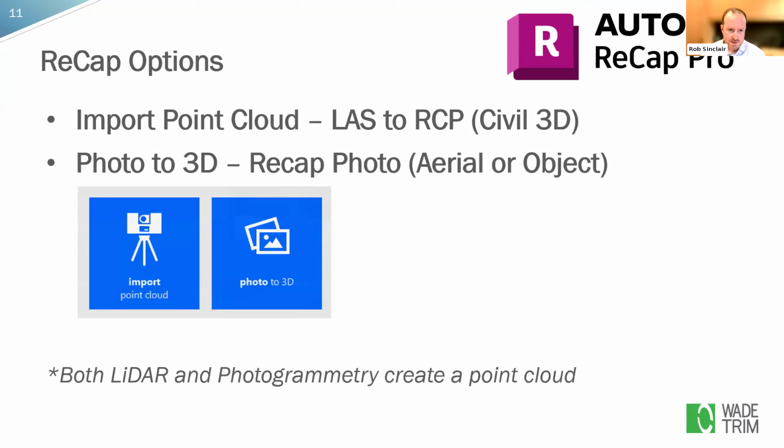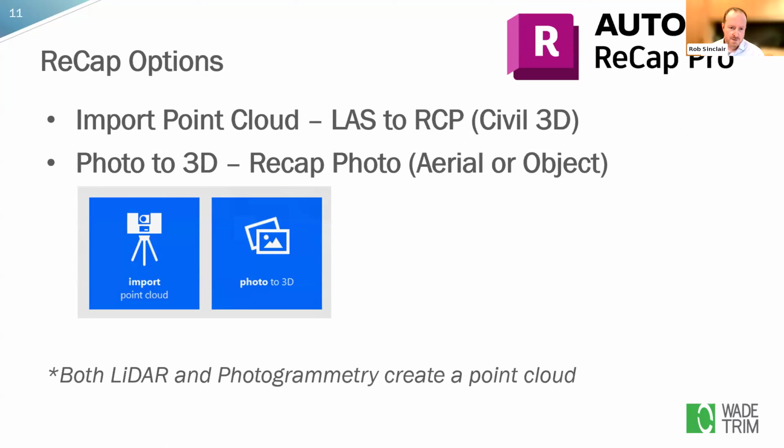So in Recap, we have 2 options. We can actually import a point cloud, so an LAS to RCP file, and that could be from terrestrial laser scanners, mobile laser scanners, aerial LiDAR. And then you also have an option to do photo to 3D. So that's actually taking photogrammetry. It could be ground-based photogrammetry using your iPhone.